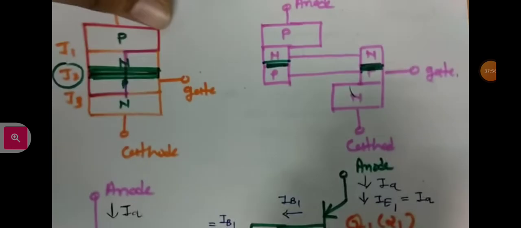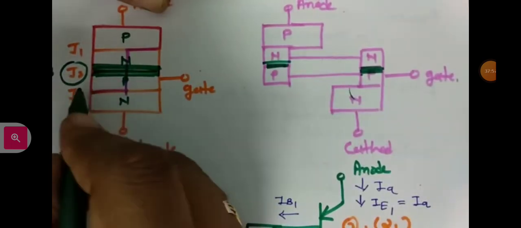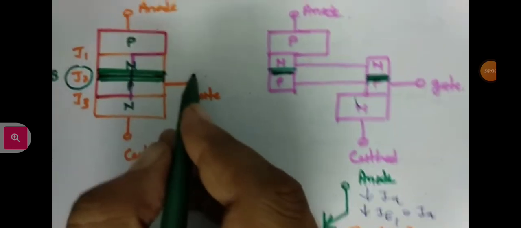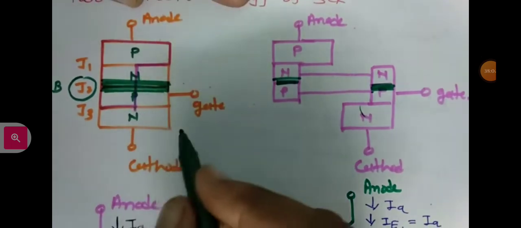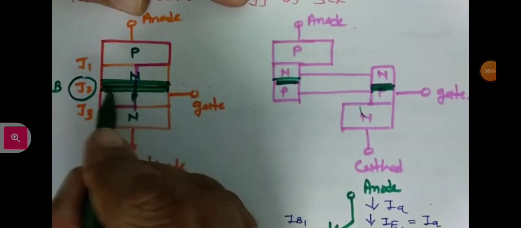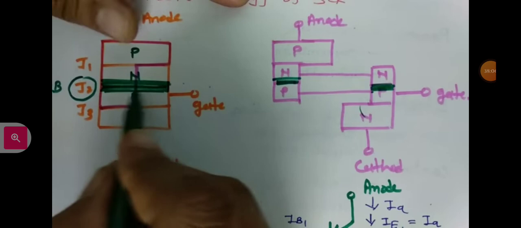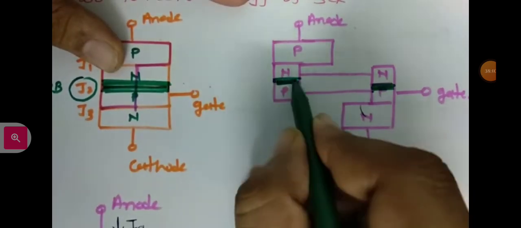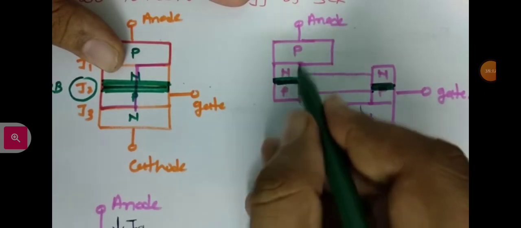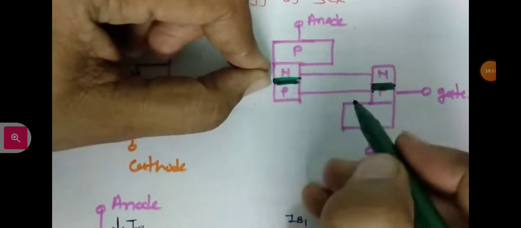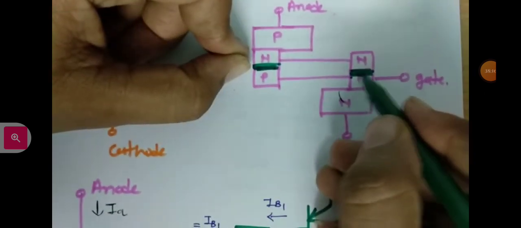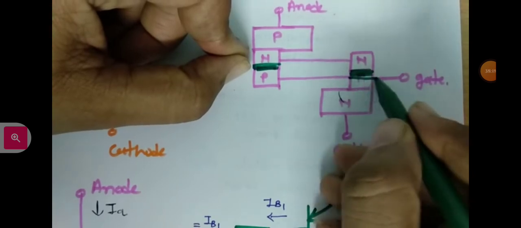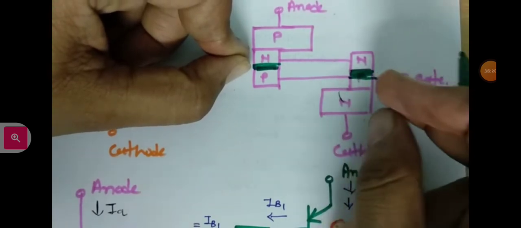So ultimately, as the J2 junction is in reverse bias, as we increase anode voltage, depletion width will increase, and as the depletion width of the J2 junction increases, one can clearly see that for this PNP transistor base width is decreasing, and for this second NPN transistor base width is also decreasing.